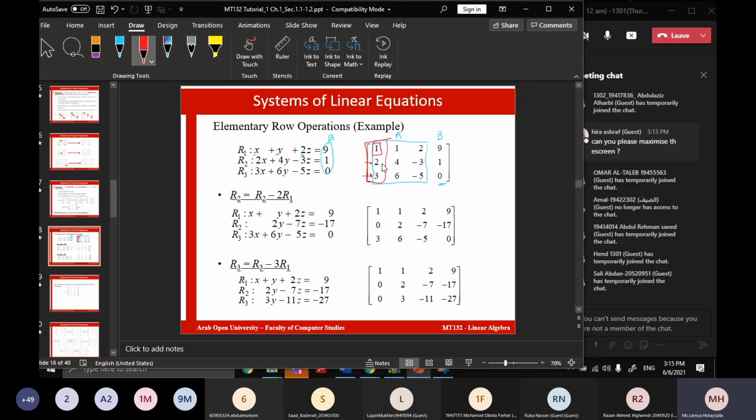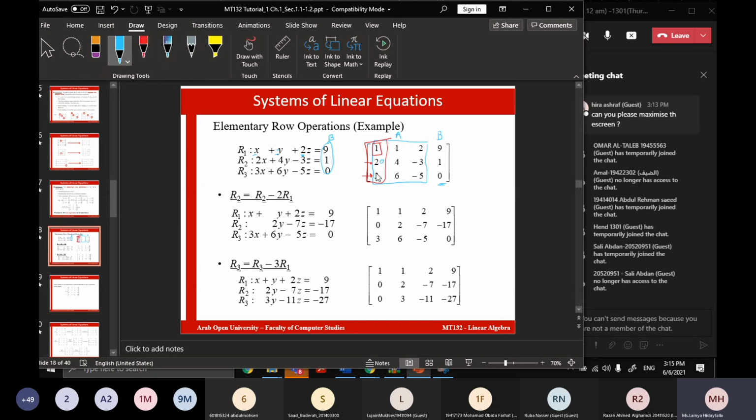That means I want to make this 0, correct? I want this to be 0 instead of 2. So how can I cancel it? If I divide, if I multiply, can I? No. If I change this row by, no. So what I do is use another row multiplied by a number and then subtract.